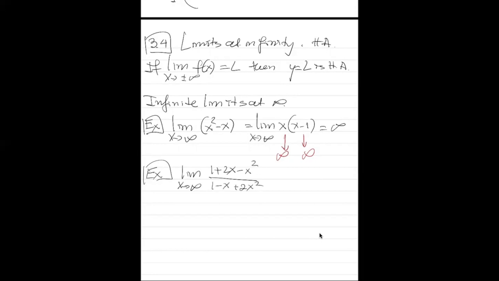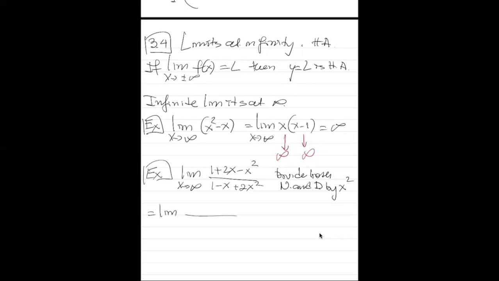So if you substitute, you get infinity over infinity. Our strategy was to divide both numerator and denominator by the highest degree of the denominator. And that in this case is by x squared.